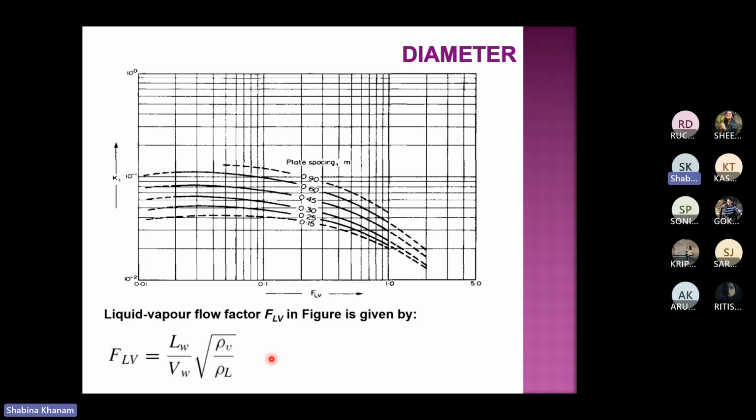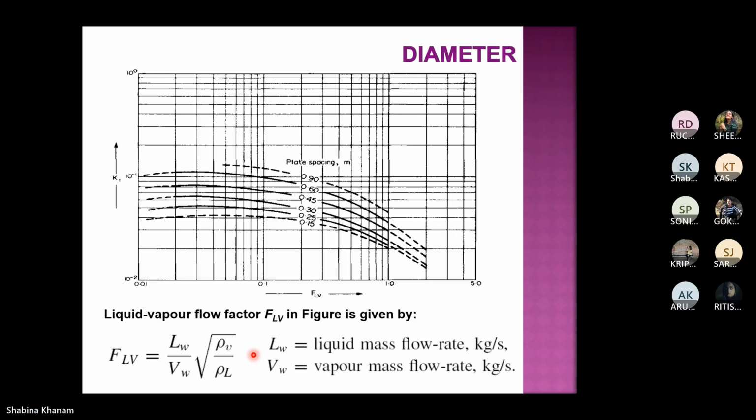Therefore, because we do not know the area so far, we will consider LW by VW as L and V only. So it is basically the liquid mass flow rate.